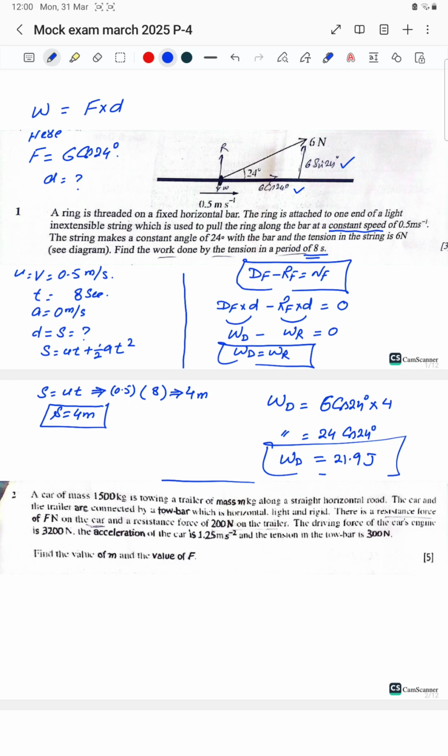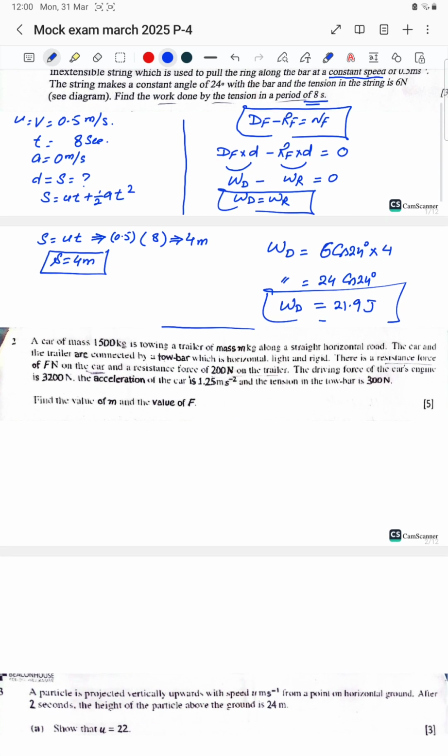Now question number 2. A car of mass 1500 kg is towing a trailer of mass m kg along a straight horizontal road. Okay, like this. It's a car, and this is going to tow a trailer.